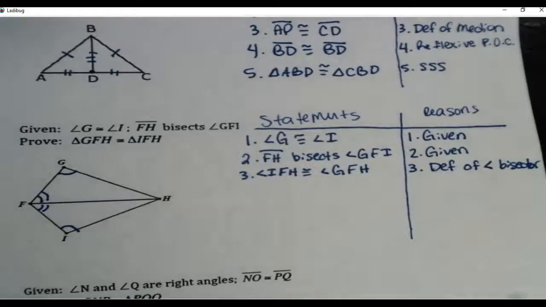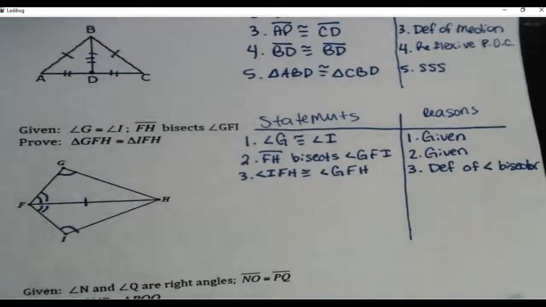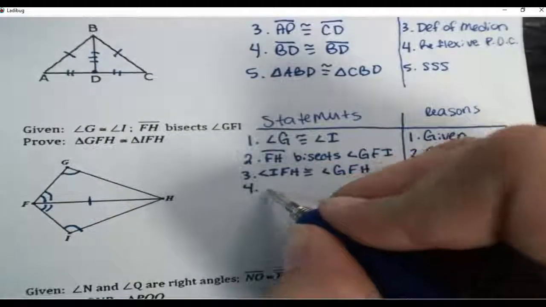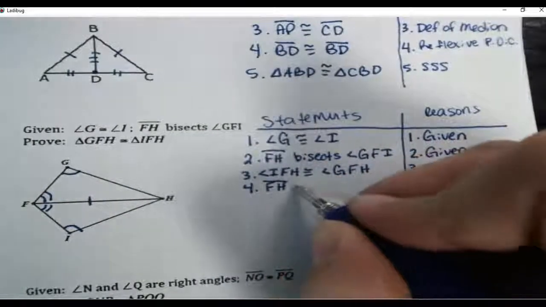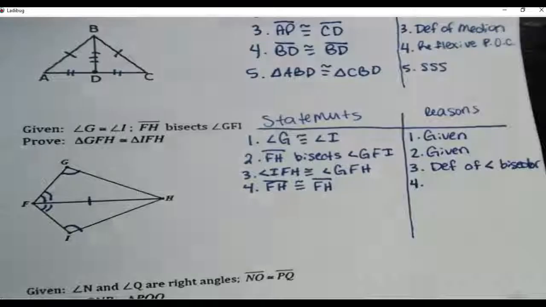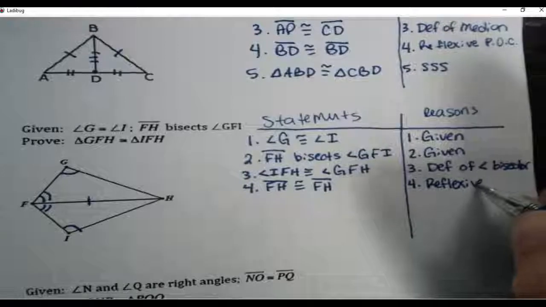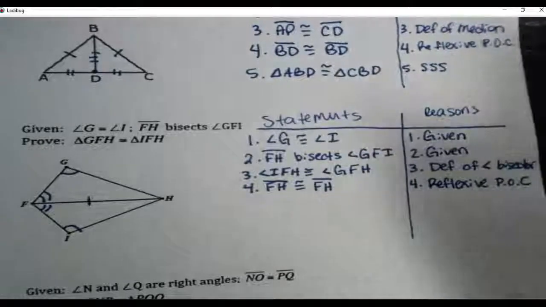So, what else can I say just by looking at these triangles? Yeah, so they share the side again, so we can say that FH is congruent to FH. And again, when something equals itself, that's reflexive. Property of congruence.